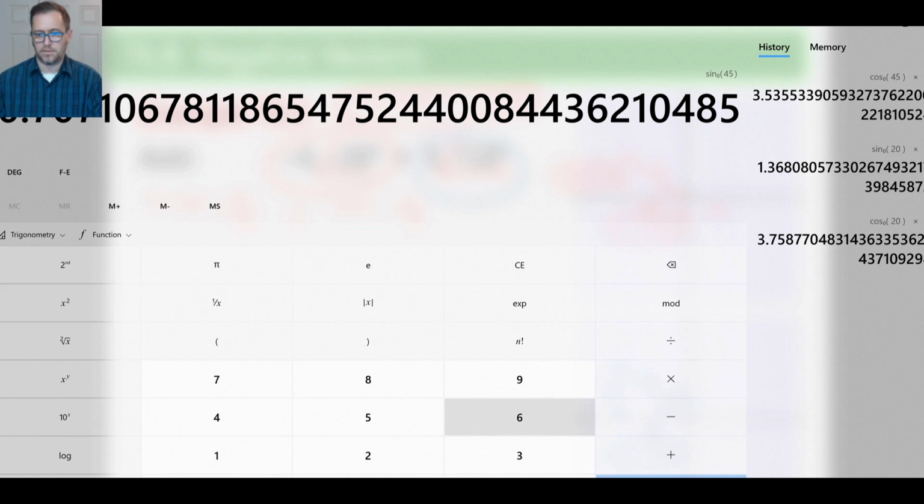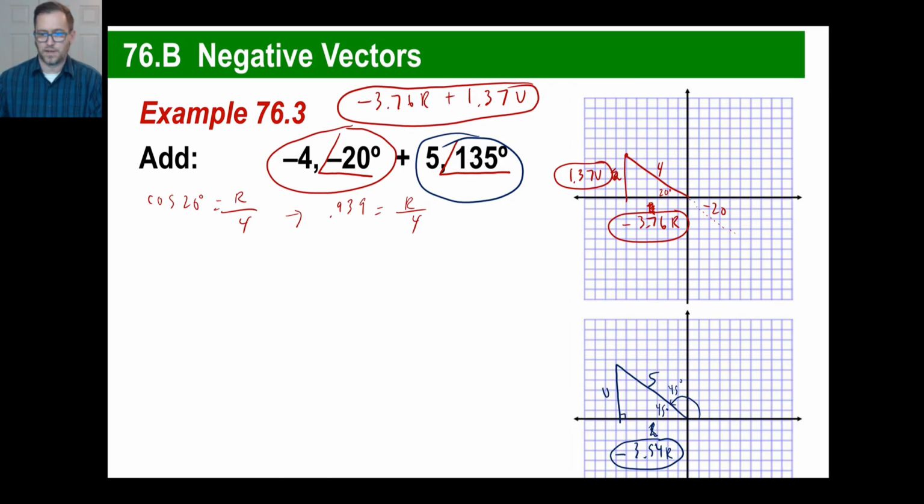And looky there, times 5 will be exactly the same thing. If you recall, since they're both 45-degree angles, the opposite side will be exactly the same. And this will be a plus 3.54 U, all right?